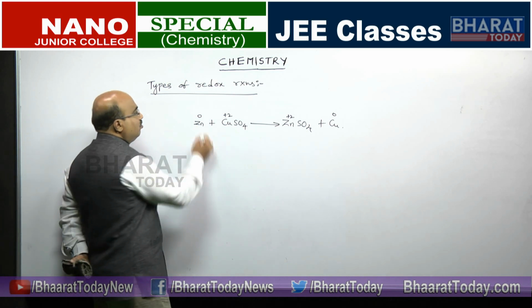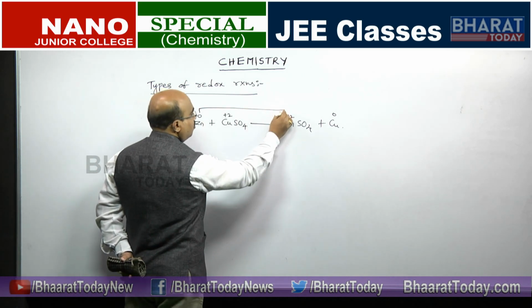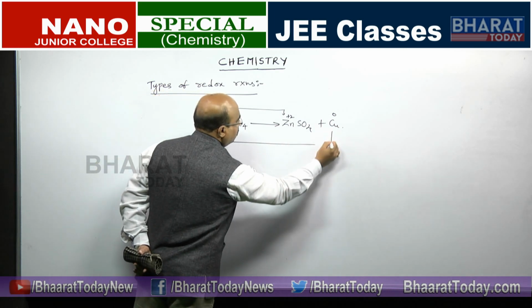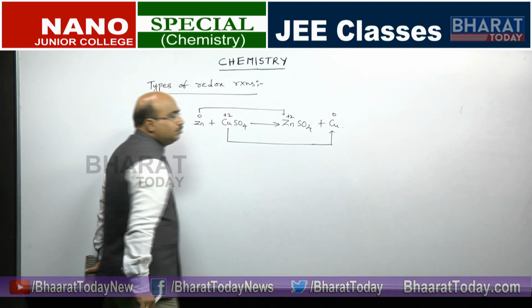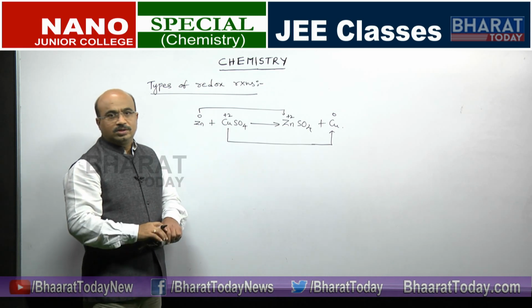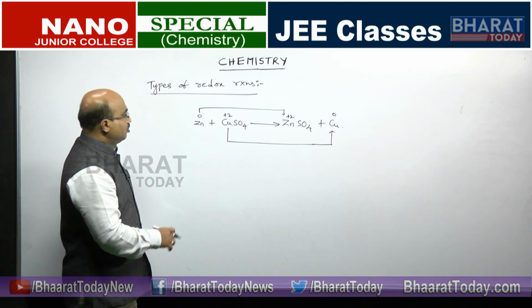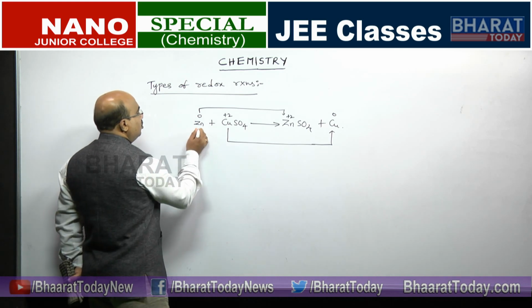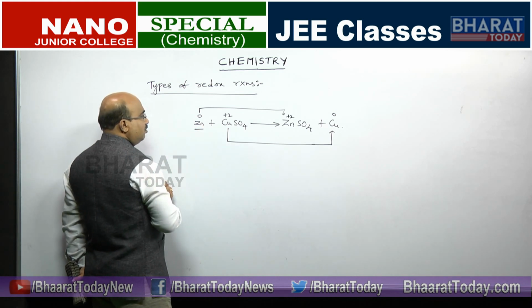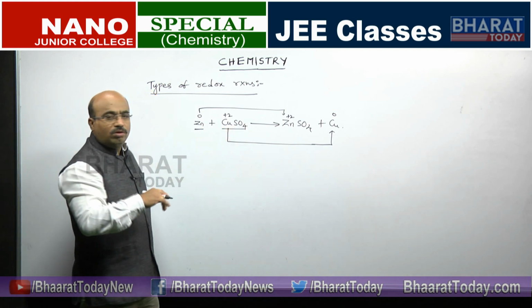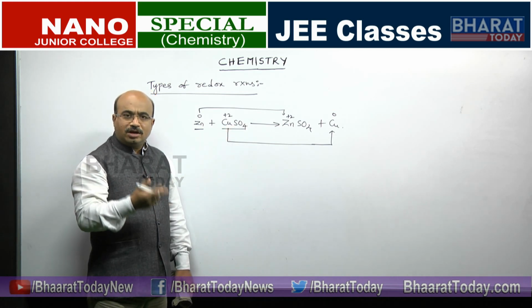So, what do we say now? Zinc is undergoing oxidation, copper is undergoing reduction. Clear? In this, zinc is undergoing oxidation and copper sulphate is undergoing reduction, that is, the whole molecule we say is undergoing reduction.